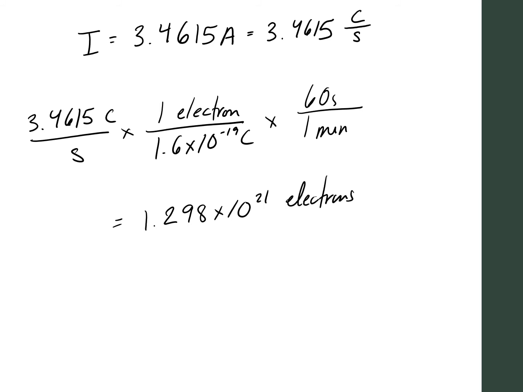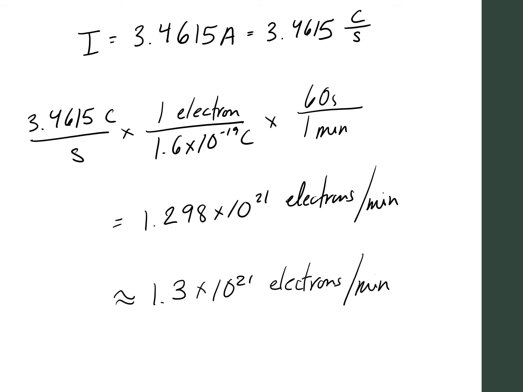electrons per minute. Or if I want to round it to the correct number of sig figs, in this case, which is 2, it'd be 1.3 times 10 to the 21 electrons leaving the battery per minute.